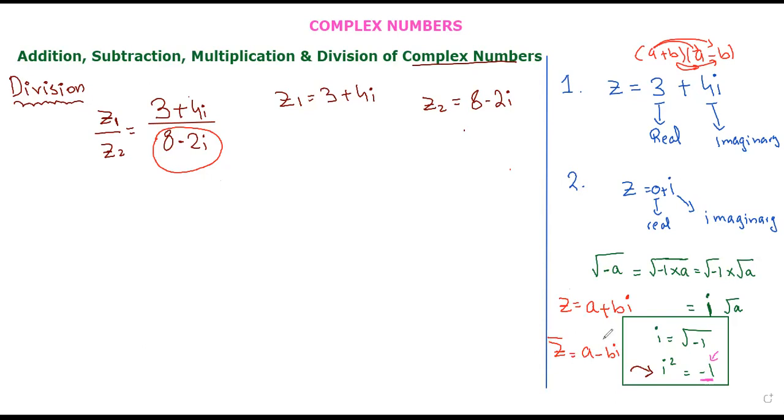Okay, so division is very easy. We just have to multiply this fraction with the conjugate of the complex number which we have in the denominator.